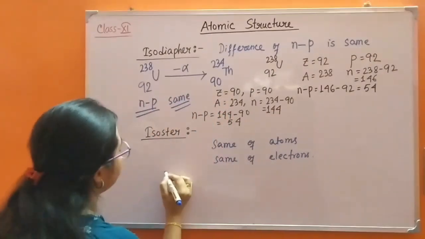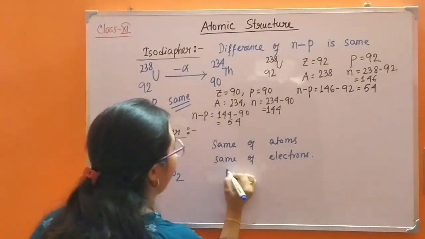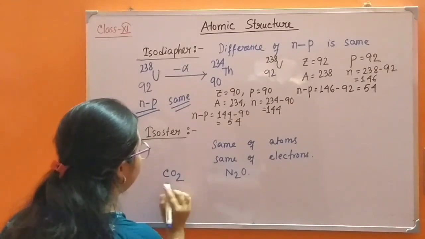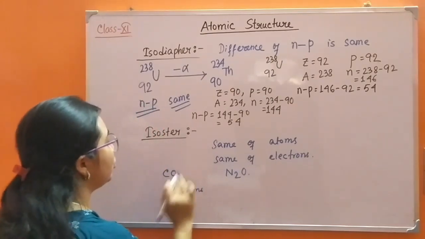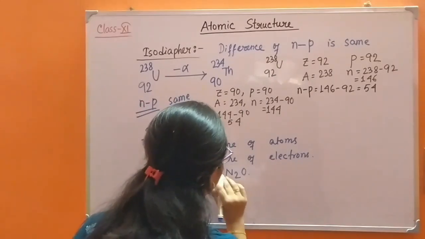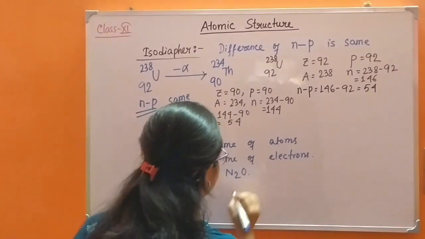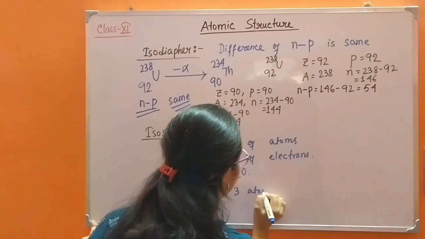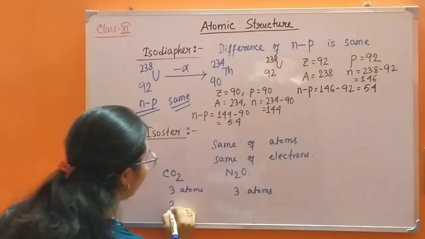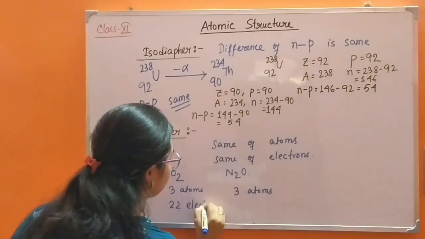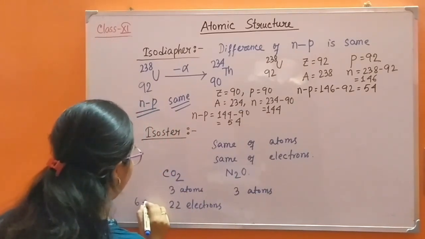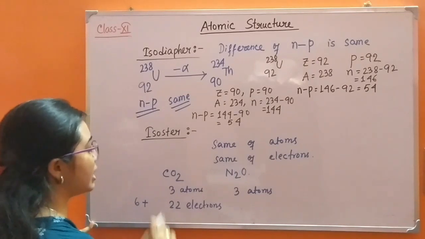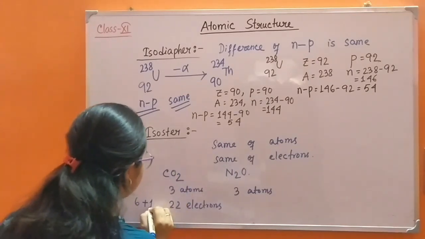Now isostars: molecules having the same number of atoms and the same number of electrons are called isostars. For example, CO2 and N2O. Here 3 atoms are present: 1 carbon atom and 2 oxygen atoms. And here 2 nitrogen atoms and 1 oxygen atom. That is 3 atoms. And here 22 electrons are present: 6 electrons of carbon and 8 electrons from each oxygen, 2 oxygens, so 16.